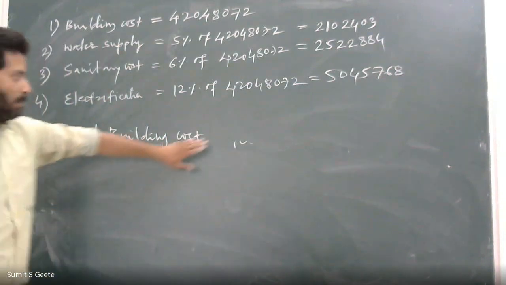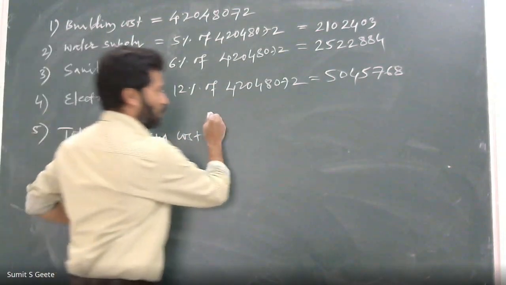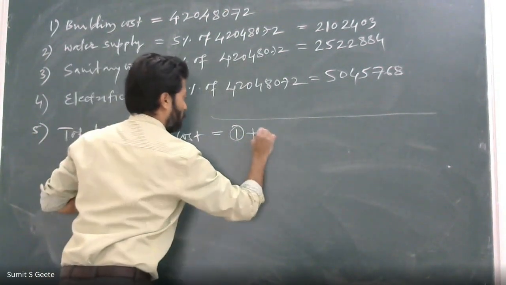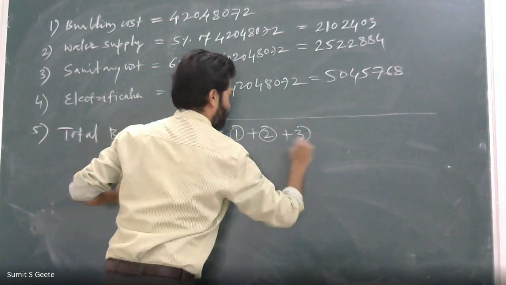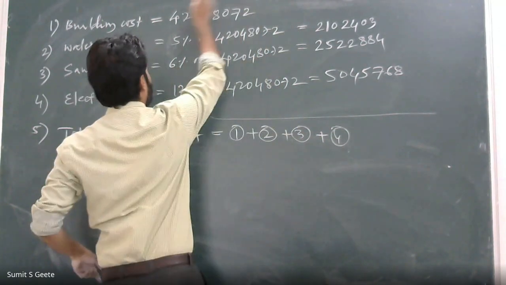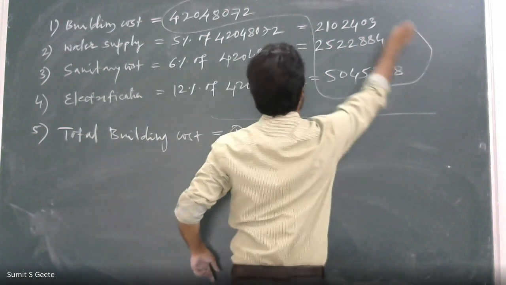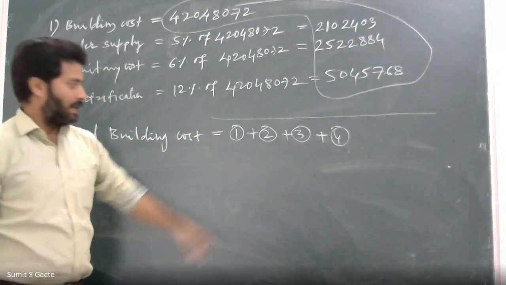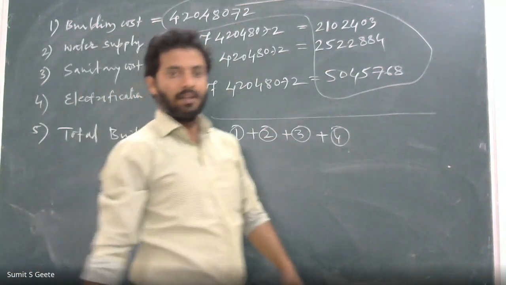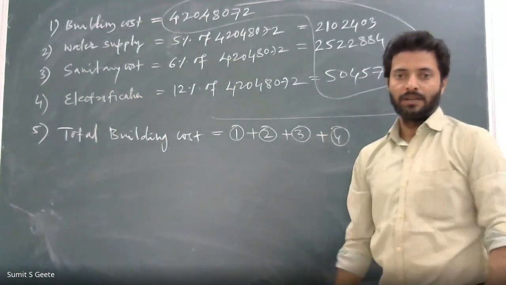Now what does this total building cost indicate? It indicates item number 1 plus item number 2 plus item number 3 plus item number 4. So add all these things and tell me the value. That is my total building cost.